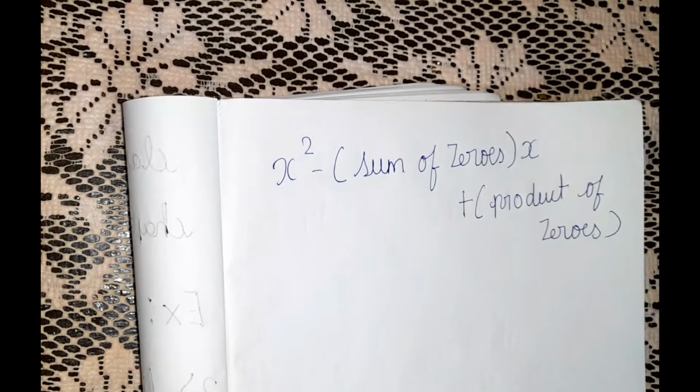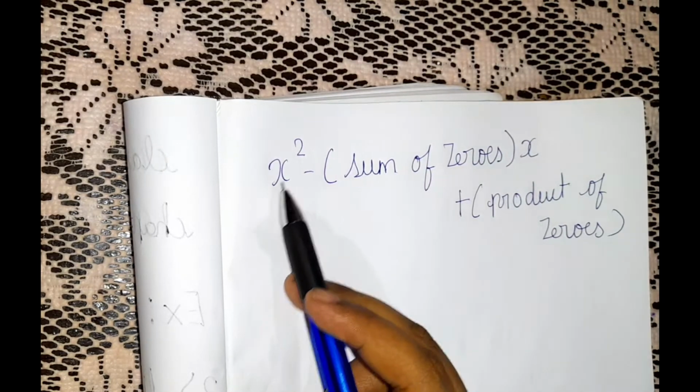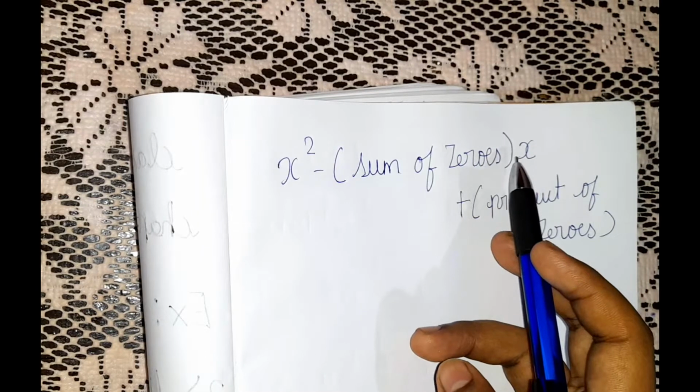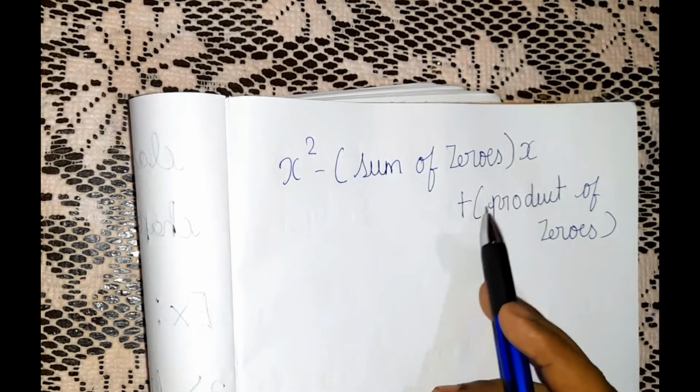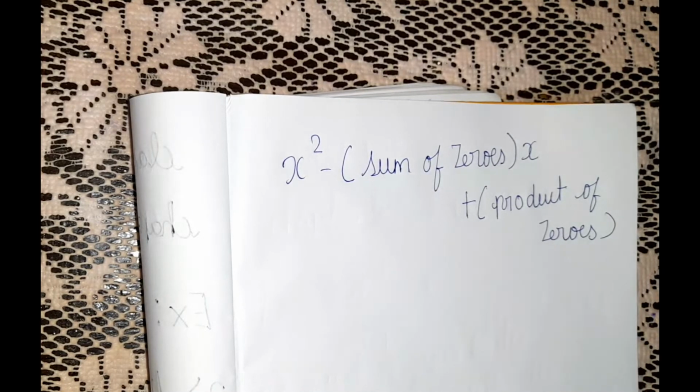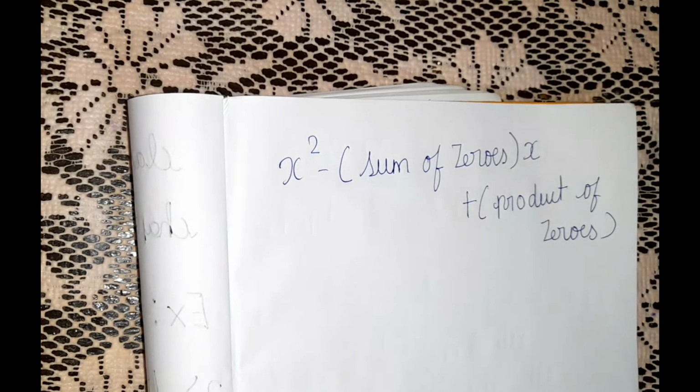So this is the formula. The formula is x square minus bracket sum of zeros bracket close into x plus bracket product of zeros bracket close. By using this formula, we are going to be solving it.